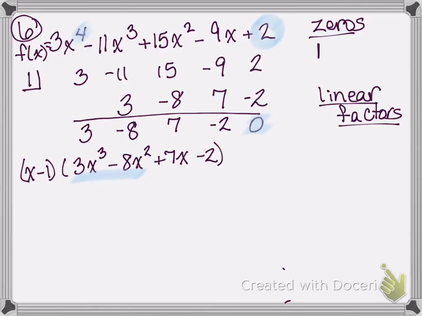Now I can take out an x squared from both of those, but when I do that, I'm not going to get the same binomial over here. So I'm not going to get a situation where it can be factored by grouping. So I have to go back to synthetic division. Now we've already got one of our linear factors as x minus 1, and we've got one of our zeros as 1. So again, I'm going to look at this negative 2.